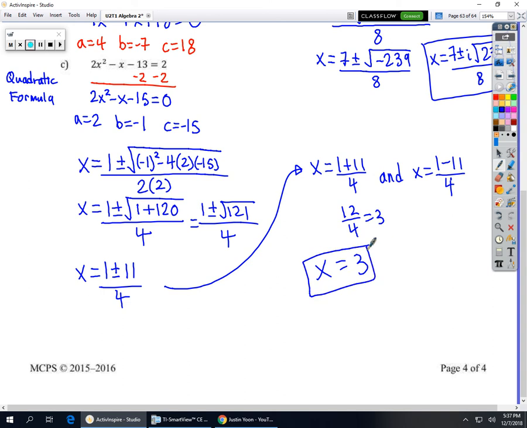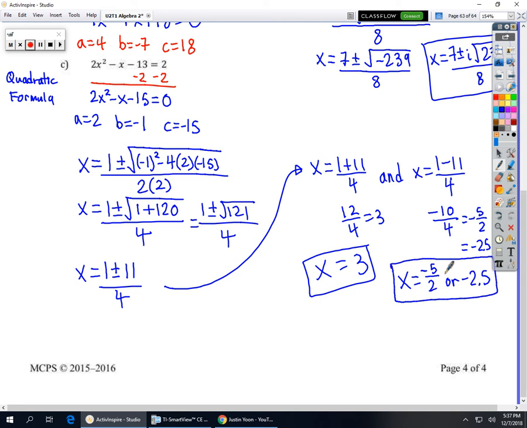Whoa, that was pretty nice. Next one here, 1 minus 11, that's negative 10. Negative 10 divided by 4 turns into negative 5 halves or negative 2.5. Either answer is acceptable. So x equals negative 5 halves or negative 2.5.